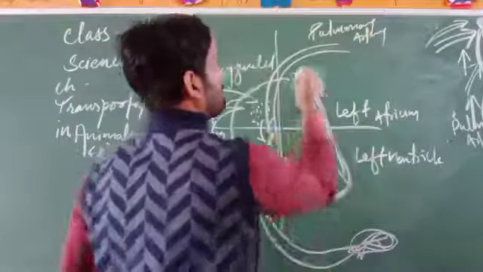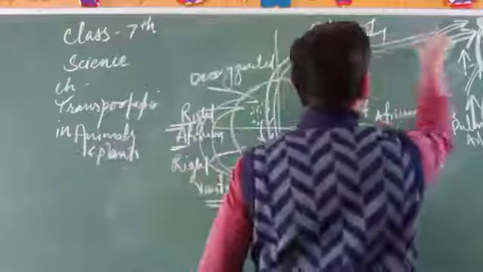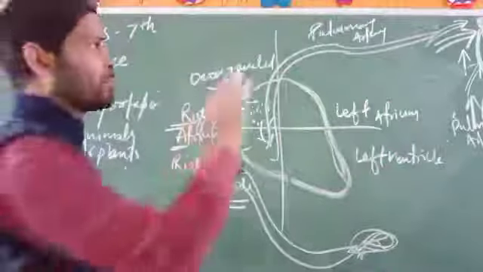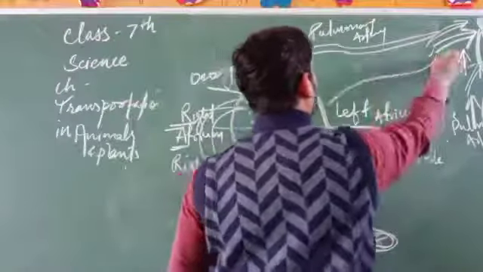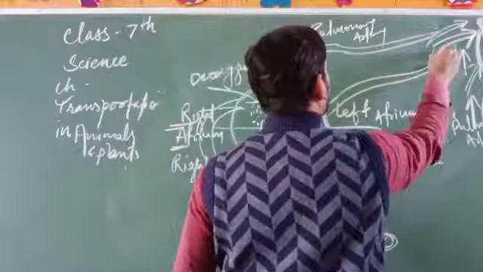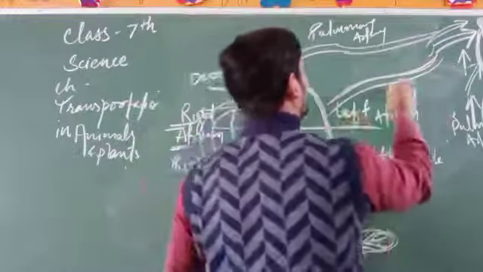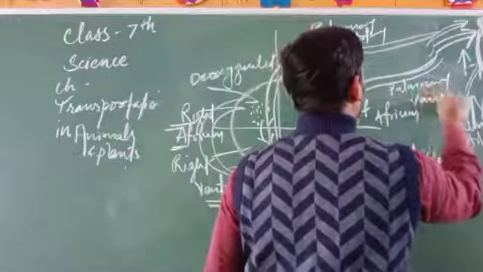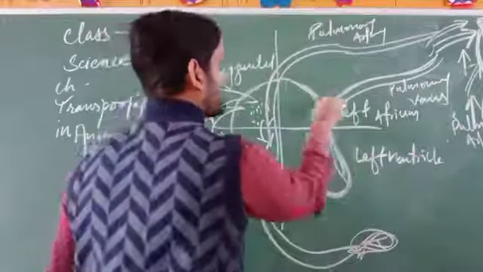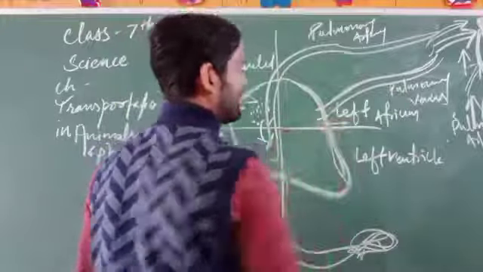These pulmonary arteries supply the blood to the lungs, and the lungs purify this blood, and again it comes back from the lungs to the heart by means of the pulmonary veins, reaching firstly the left atrium.